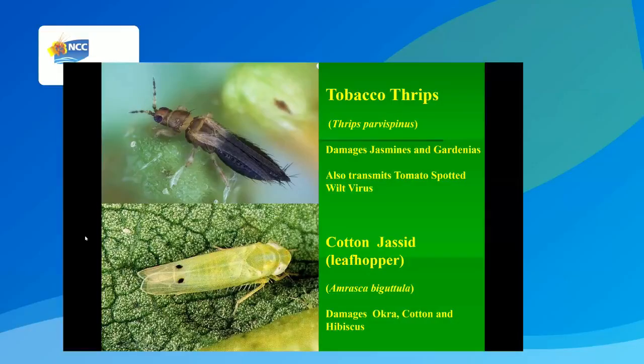And the latest one that has come to our shores is called the cotton jassid. It's a type of leafhopper, Amrasca biguttula, and quite distinct with those two black spots on the top of the insect. And it damages crops like okra, cotton, and it can even do a lot of damage to your hibiscus as well.